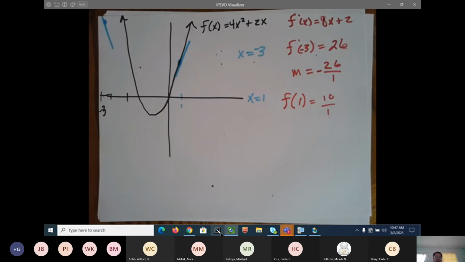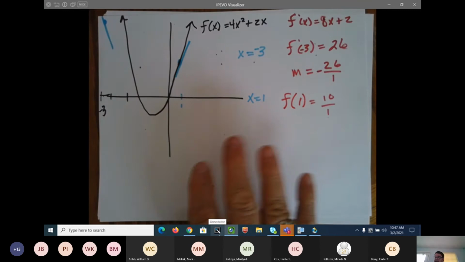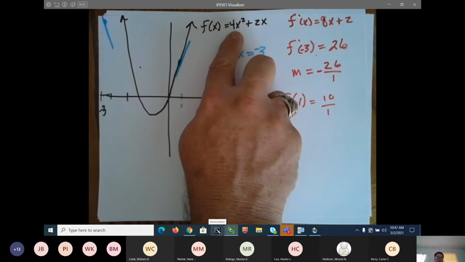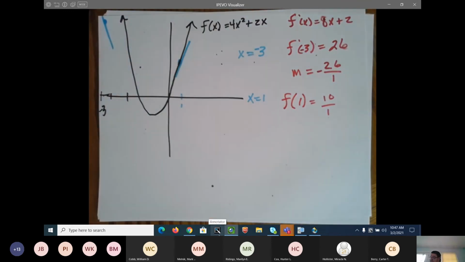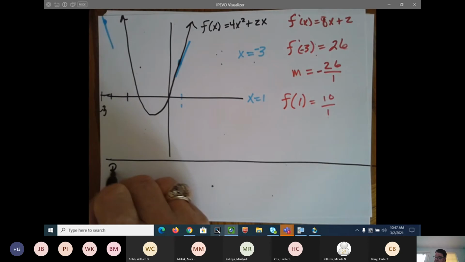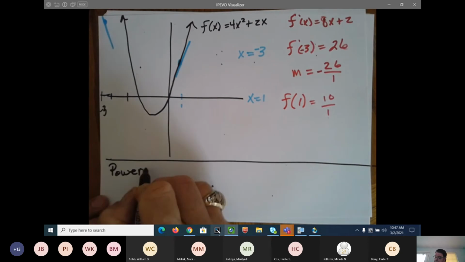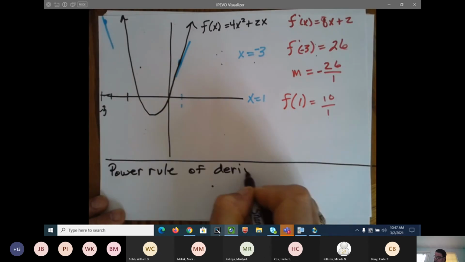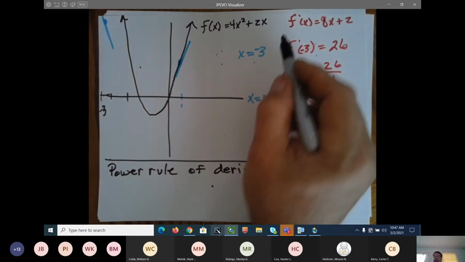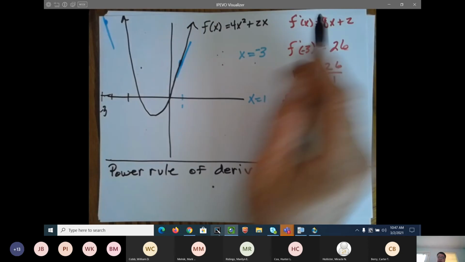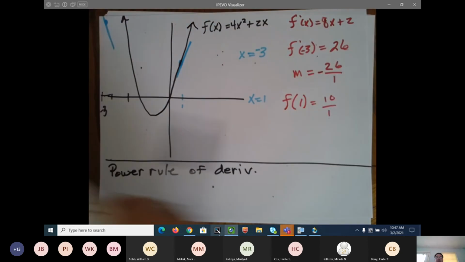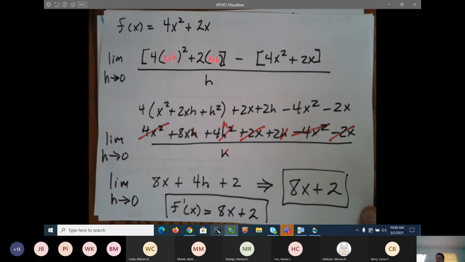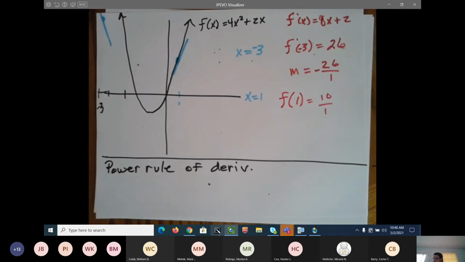Okay, now if we take that slope and we take that function right here, and we apply the power rule of derivatives, then we can get this function without doing all this algebra and limit theory. And here is the power rule of derivatives.